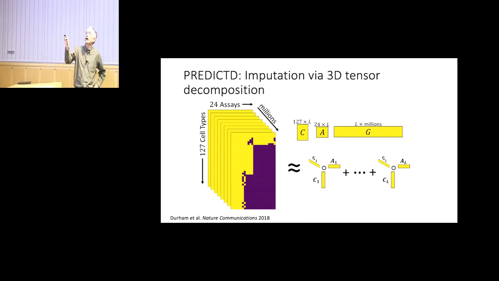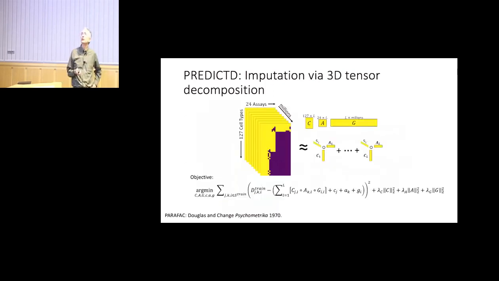And so what you get are these 3 different matrices that are produced during the decomposition. And when you take a generalized scalar product of the corresponding rows or columns from each of those matrices and combine them, that gives you a prediction for a particular cell type, a particular assay type at a particular position in the genome.